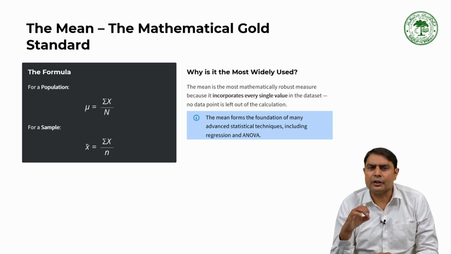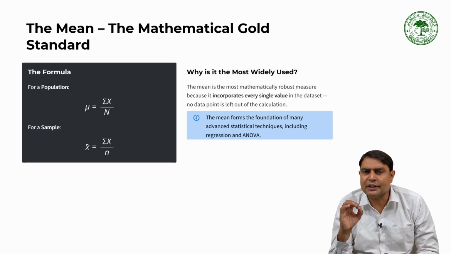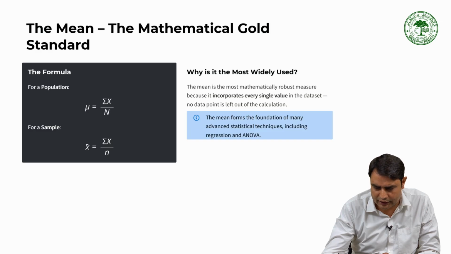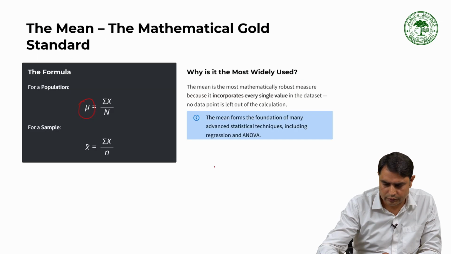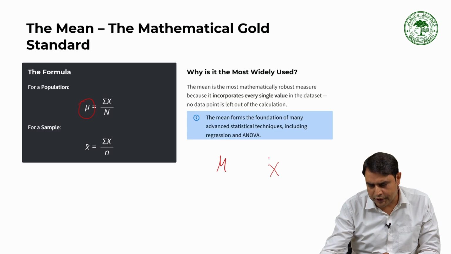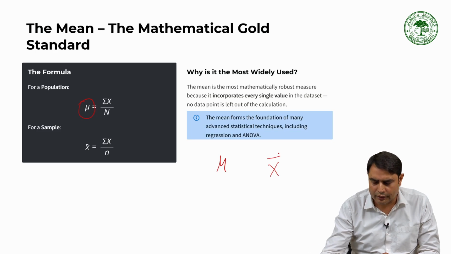For a population, the mean is represented by mu, usually written like this Greek letter, or for population, capital letter X bar, and for sample it is a small letter x bar.